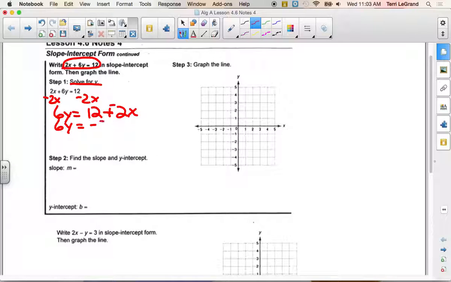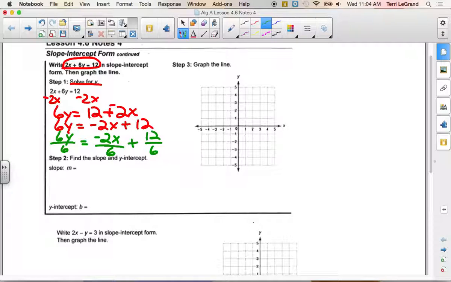In other words, can't that negative 2x and that 12 trade places? They can once it's addition. And then we have one more step to do. Trey? Divide by 6. So we're going to take every piece and divide it by 6. Every piece has to be divided by 6.